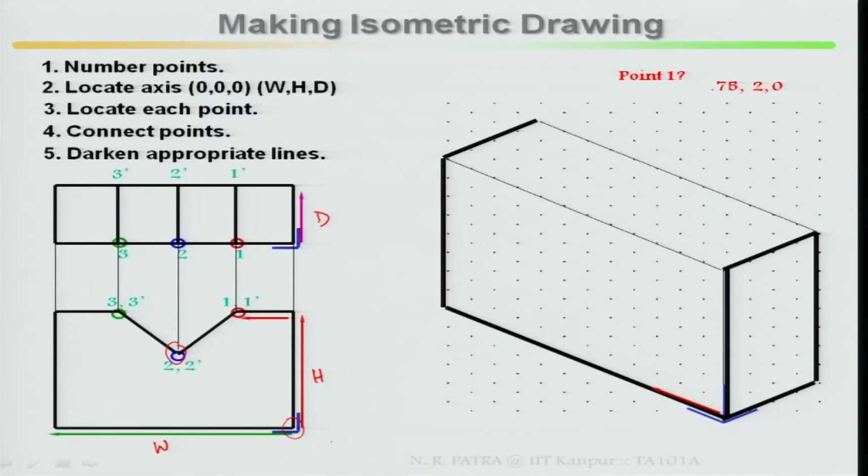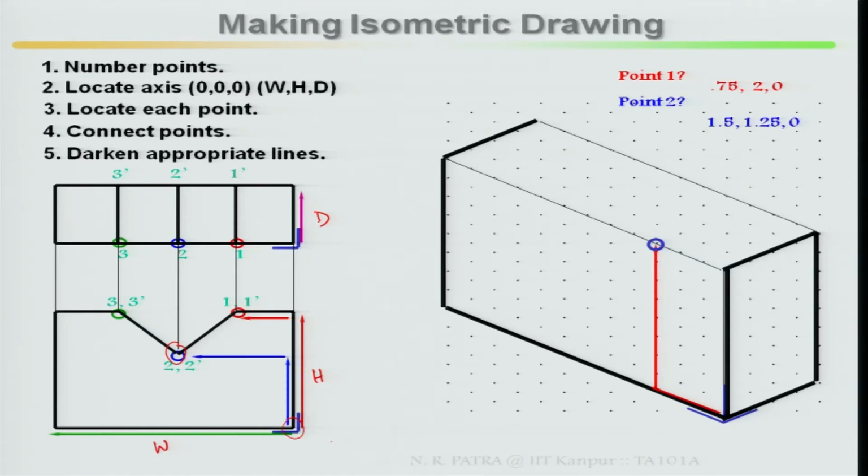Depth is 0 because you are starting from here. With reference to this reference point, depth will be towards this. So depth is 0. Then you start with 0.75 here in the isometric box, then 2.0 in your height direction, and locate your point 1. So this is your point 1.